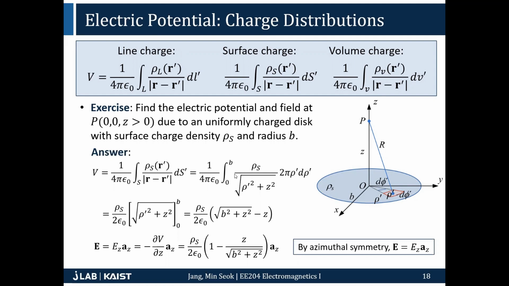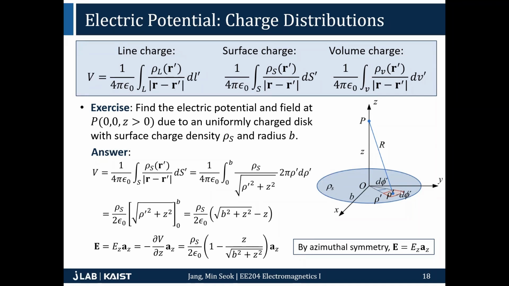It's the same thing. The rho_s, the density, is a constant number, so you can just take it out. And then ds prime, again, the primed coordinate is used for the source position, and this is rho d phi d rho.